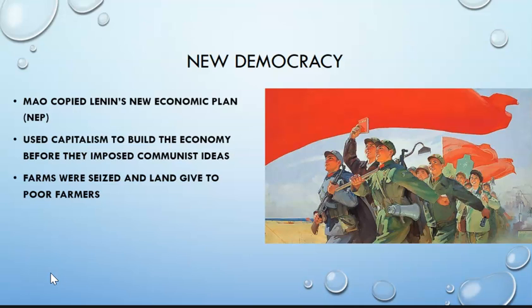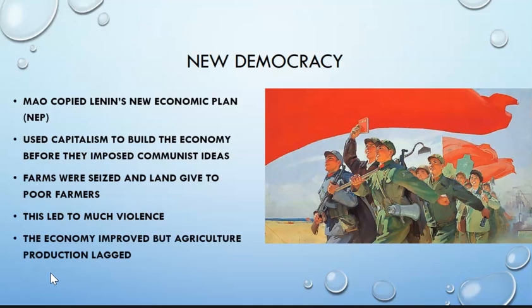Like we said, the farms were seized, large family lands given to poor farmers. That appeased the very poor who got the land. But in the end, this led to a great deal of violence. The economy had improved, but the agricultural production was lagging behind.